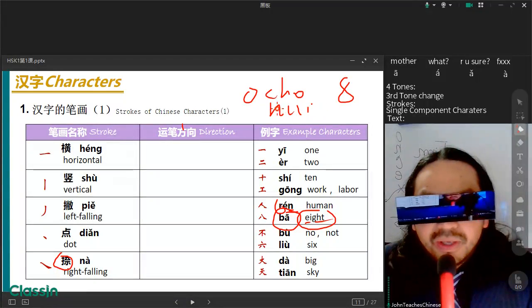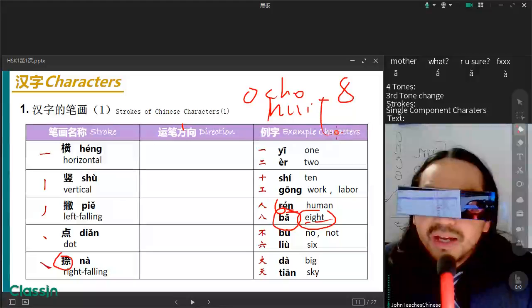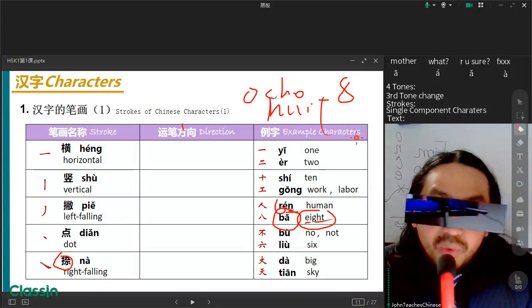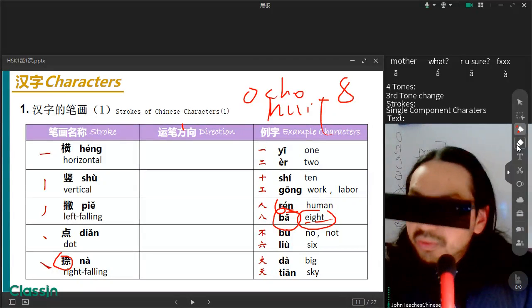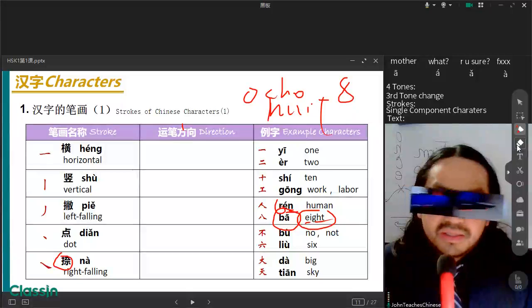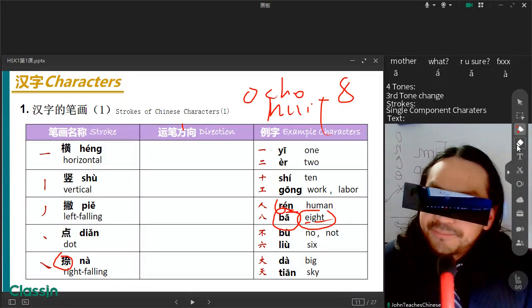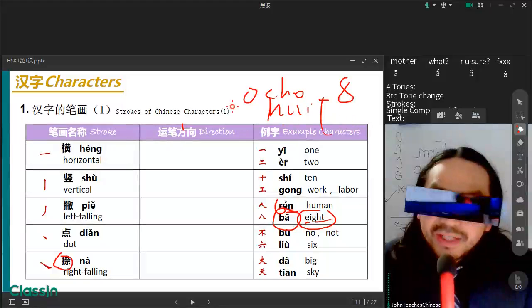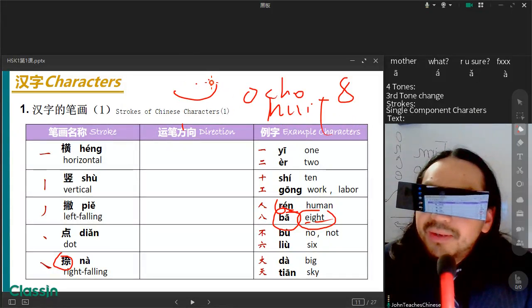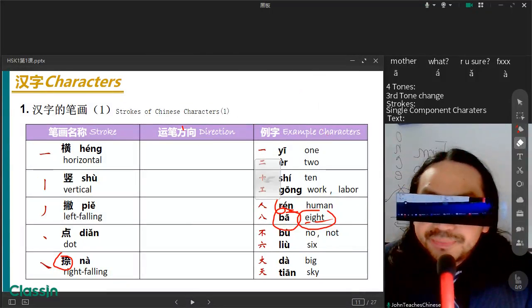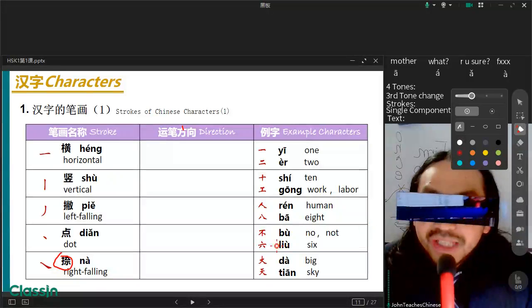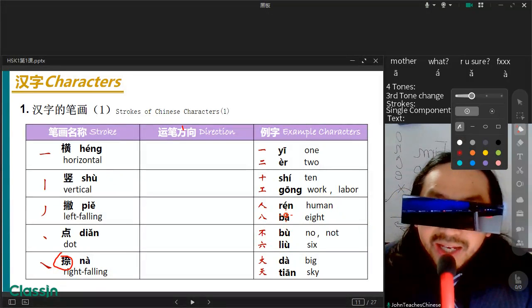You read it 8, you just spell it 8. But in Chinese, it is read ba.